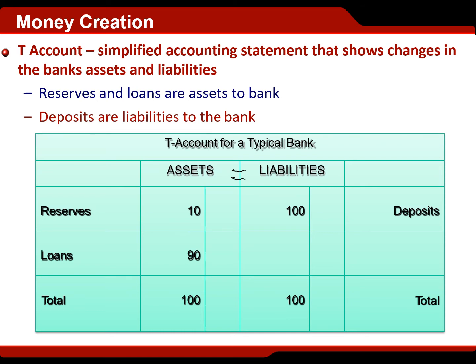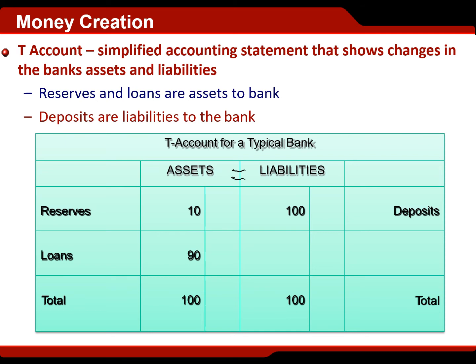Because the person owes them money. Now, deposits, on the other hand, are a liability to the bank. A liability, remember, means something you owe to somebody else. And so when you deposit $100 at your local bank, the bank owes you that $100. So from the bank's point of view, it's a liability. But remember, the bank uses your $100 to lend to other people.